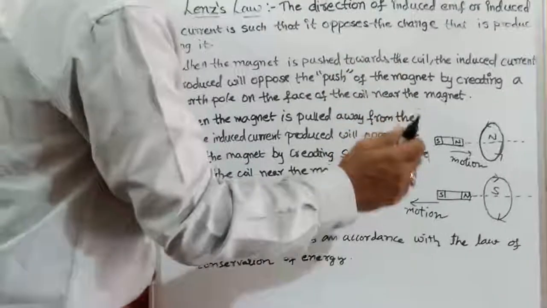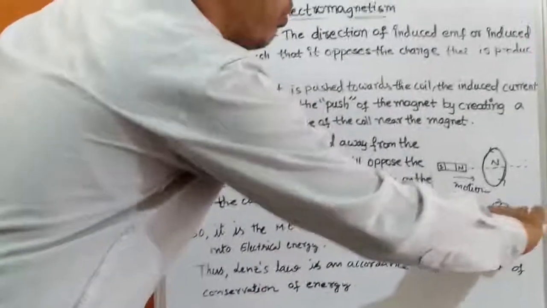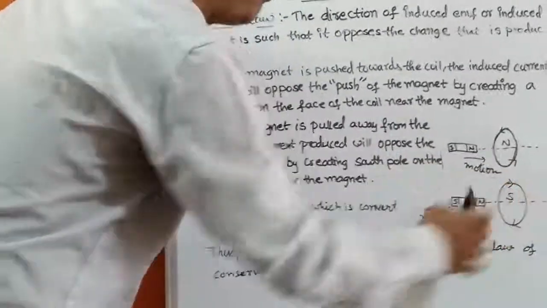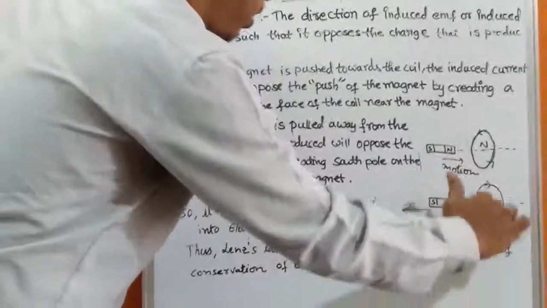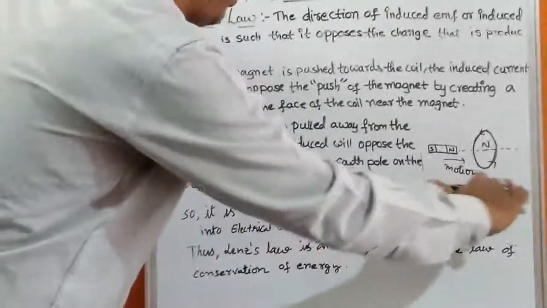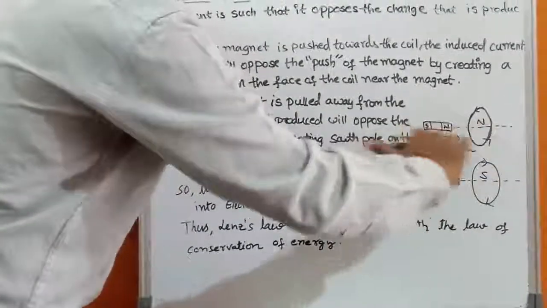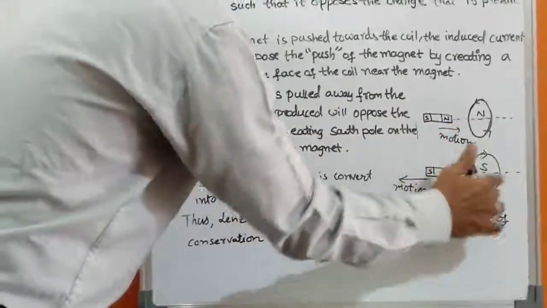In the same way, when the magnet is pulled away, like this, now the magnet is pulled away, means the motion of the magnet is away from the coil, then this pull is creating the south pole near the coil.